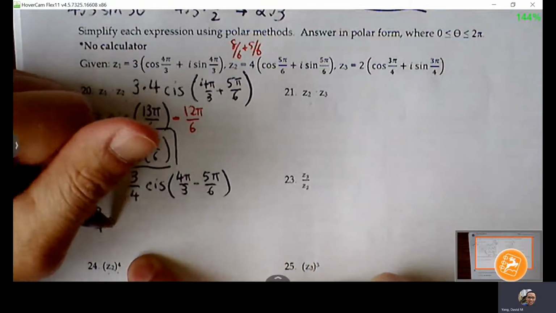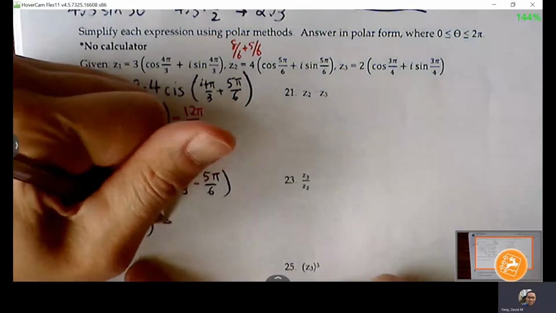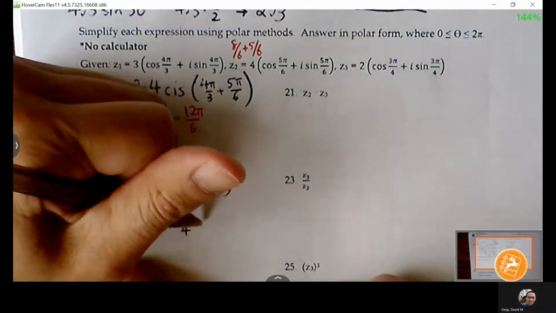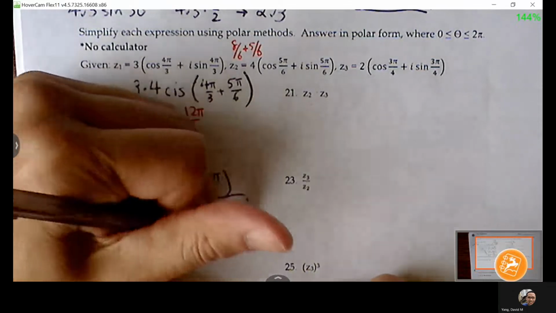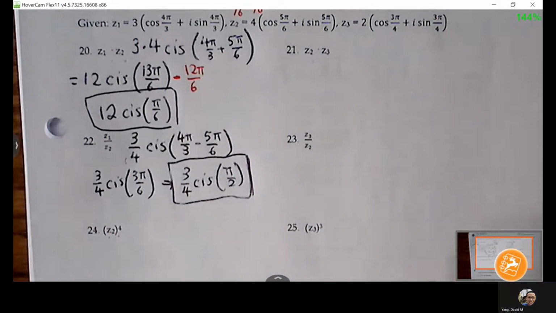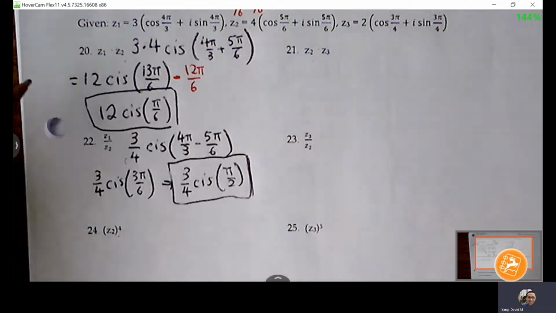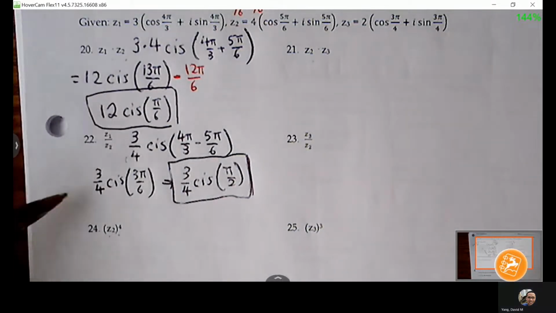And 3/6 can reduce a little bit. Okay, product for 20, quotient for 22. Any questions here?